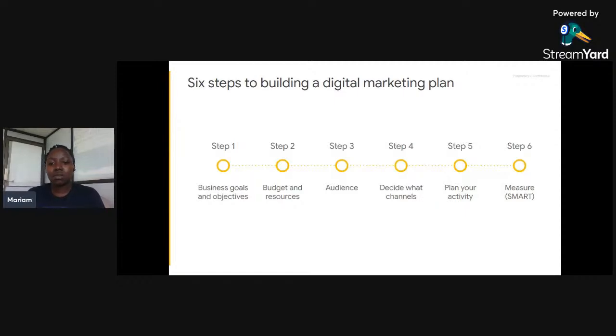You need to understand your budget and your resource allocation. You need to know your audience. You need to pick the channels you're going to use. You need to plan your activity, and you need to measure, so that you're informed whether your campaign has been successful or not. So let's go deep and look at these six steps.